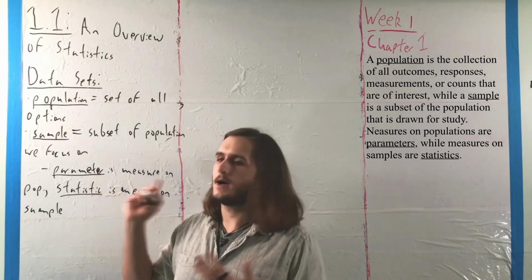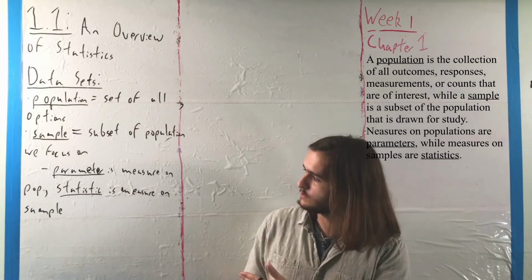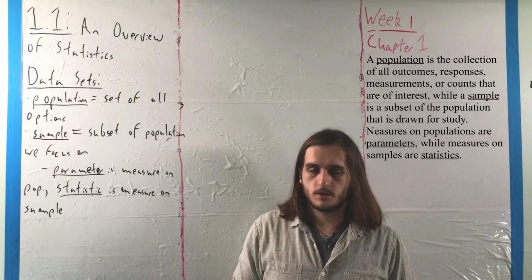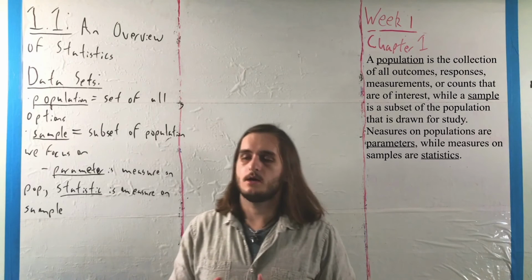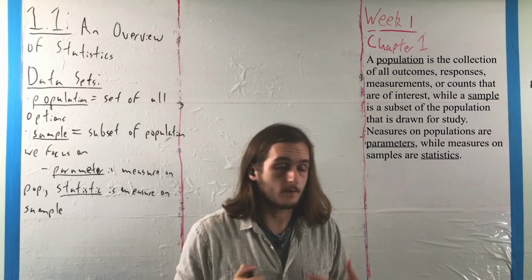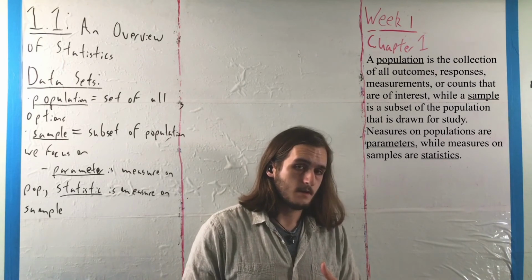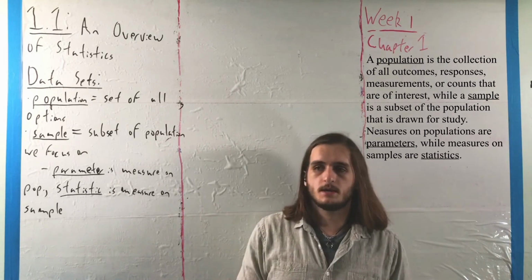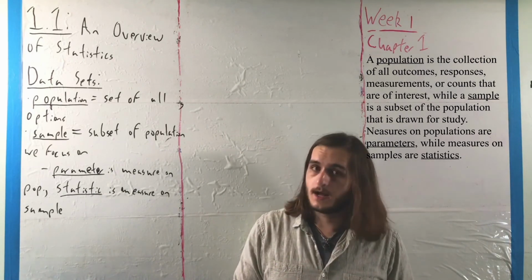But it's important to bear in mind that when we're talking about these things just in terms of their definition in this way, there's a lot of wiggle room with regards to how we make the distinction between a parameter and a statistic, or between a population and a sample. Because really, the only difference between a population and a sample is whether or not we place what we're talking about in a broader context.